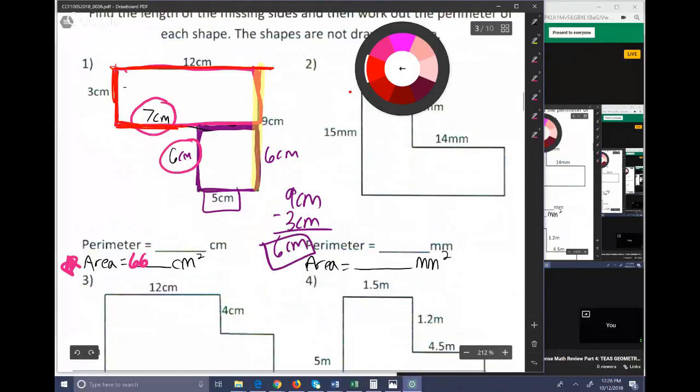So I'm only going to do the lines that I'm coloring right now in red, because I'm only going to do the lines that go across the outside of the rectangle. So I have 12. Here I can use 9 because I need that entire side's length. So 12, 9, 5. I do have to use this 6 right here because that is an outside edge.